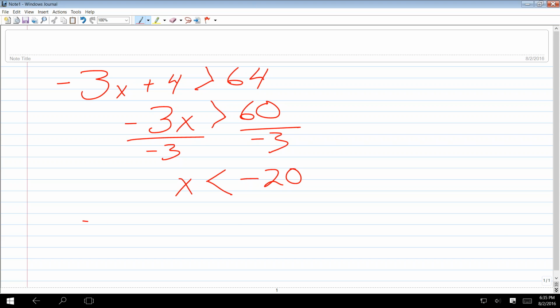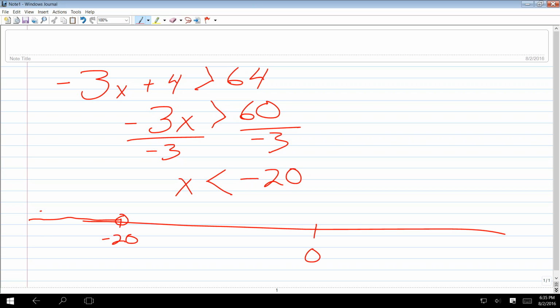And notice what that means. Here's my number line, minus 20 is way over here, and it's saying x is less than minus 20. So x has to be some number smaller, in other words, minus 21, minus 100, something like that.